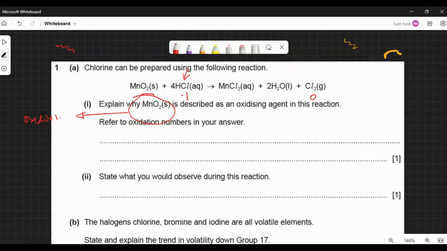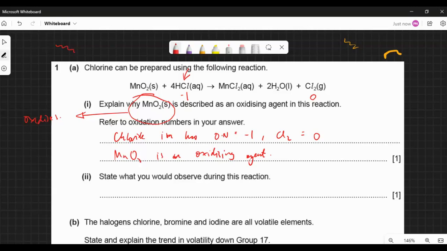Is that clear? So the chlorine, or I should say the chloride ion, has oxidation number equal to -1, and the chlorine has oxidation number equal to 0, and therefore the manganese dioxide is an oxidizing agent. Makes sense? Yes?